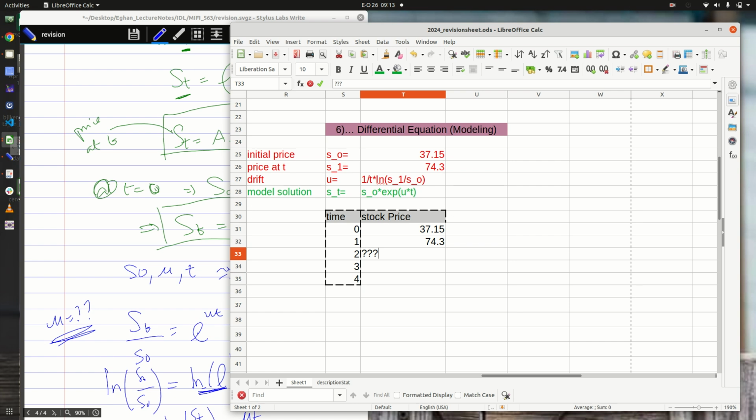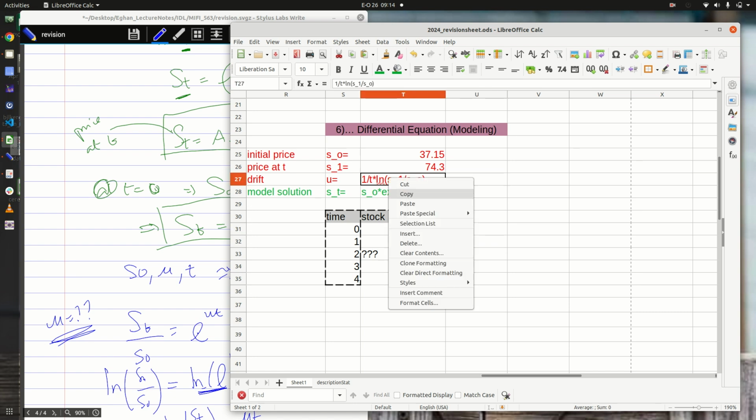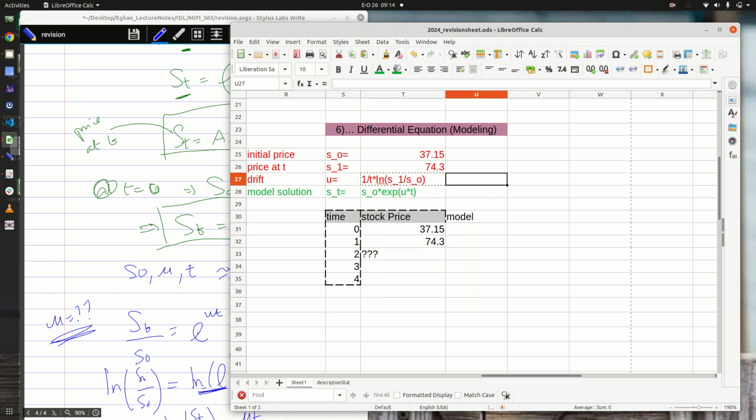So I can use this model. The model should help me get it. First I need to find my mu, because it's needed here. So what I'll do is copy the function here and paste it here. But I need to evaluate it.